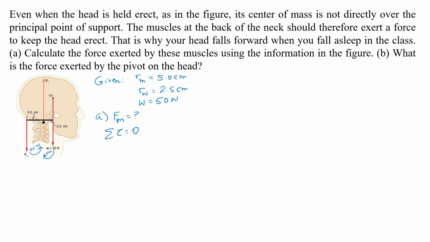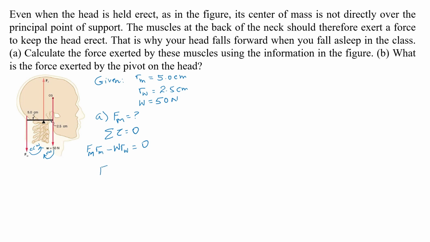Therefore, our equation is going to be F sub m multiplied by R sub m, minus W, the weight, multiplied by the corresponding distance R sub W, should add up to 0.